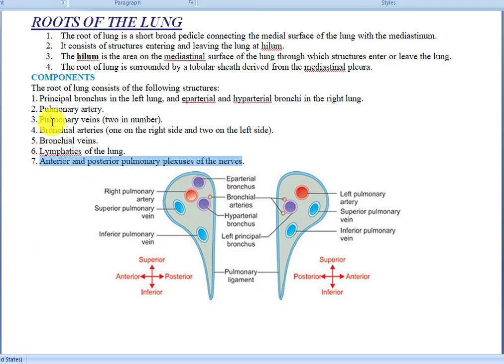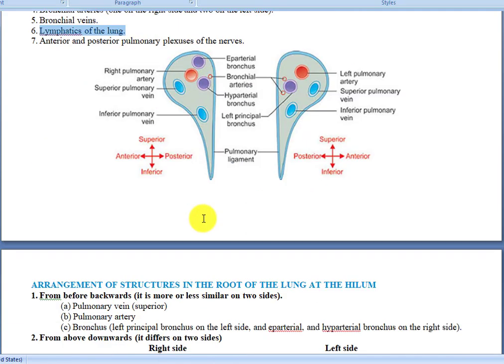So in the root of the lung, which structures are present? The principal bronchus in the left lung and the eparterial and hyparterial bronchi in the right lung, the pulmonary artery, the pulmonary veins, two in number, bronchial arteries, bronchial veins, lymphatics of the lungs, and anterior and posterior pulmonary plexuses of the nerves.